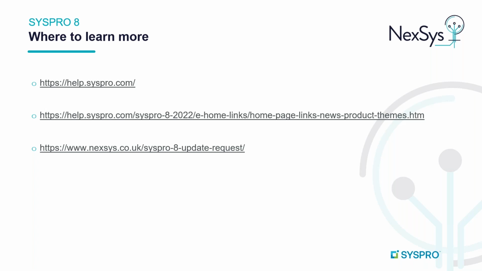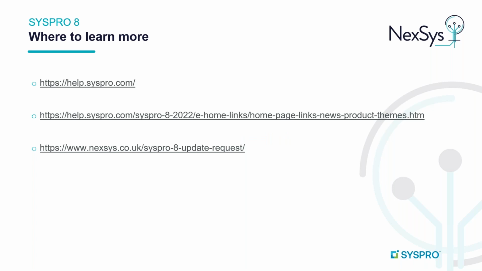Now, when you click on help in SYSPRO, if you're already on 8, it will give you your release-specific help. When you go to the external link, such as help.syspro.com, you have access to the help for every individual release. And specifically what I've included in here is the 2022 release information, which gives you access to absolutely everything that's new in 2022, which is the latest release.